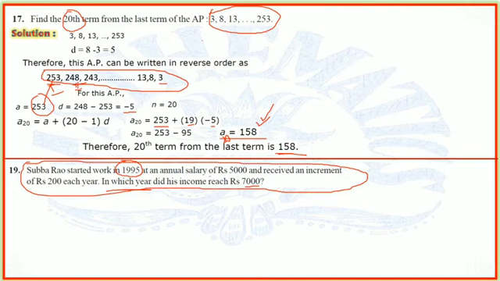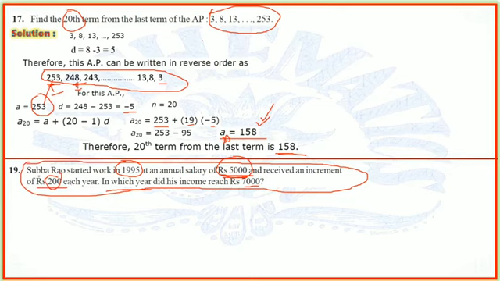Our question actually starts from here: the annual salary is rupees 5,000, which is the first term A, and he received an increment of rupees 200 each year. Every year his salary is increasing by 200. That means first year the salary plus 200, then second year plus 200 plus 200, and so on.